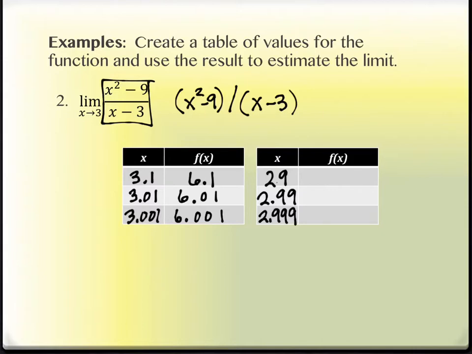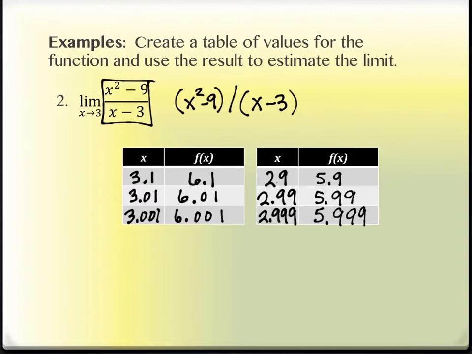Okay, if it's all going in correctly with all the sixes showing up, let's do the 2.9 side now. And you should end up with numbers like this: 5.9, 5.99, and 5.999. Everybody's getting the 5.9-ish numbers if you're using a device.